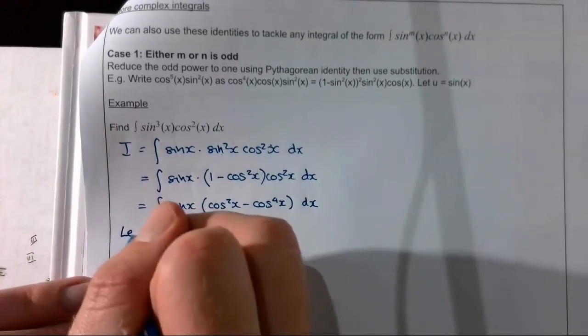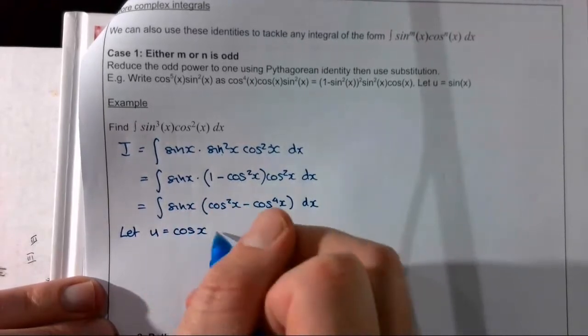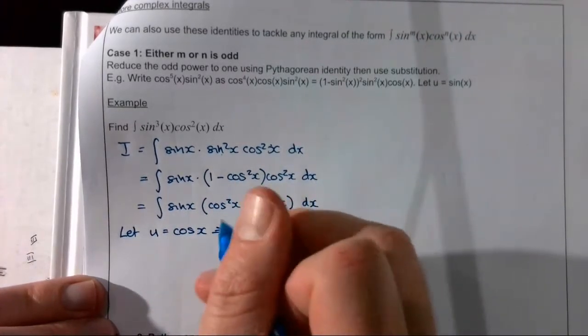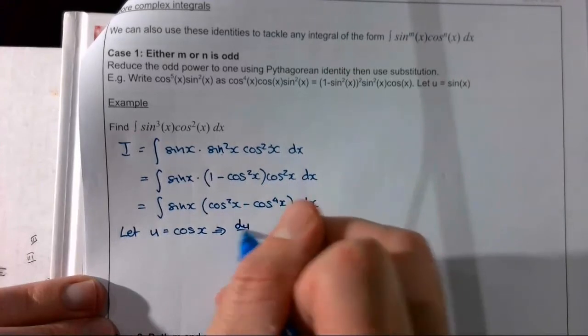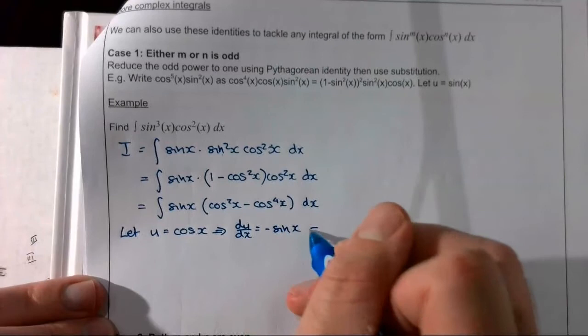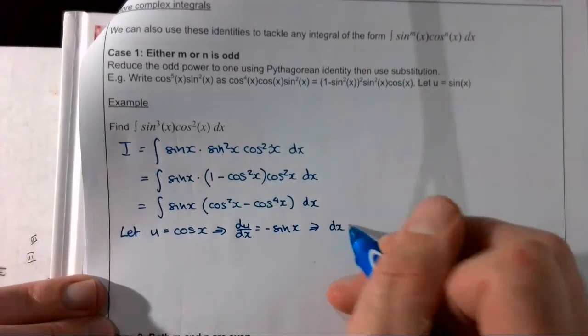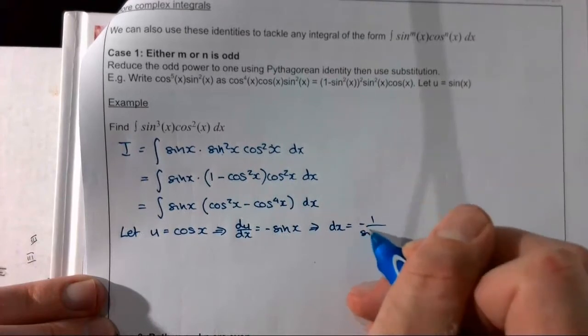So if we make the substitution, let u equal cos of x, du by dx is minus sine of x, so dx is minus 1 over sine x du.